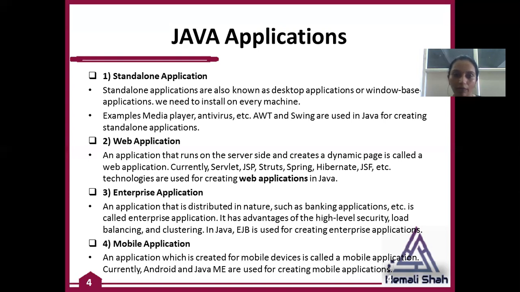Whenever you use a banking application, they have different branches, and inside all the branches they have computers and use applications which are internally connected. You can access all the banking data from anywhere, from any branch located in a single country or in a different country.